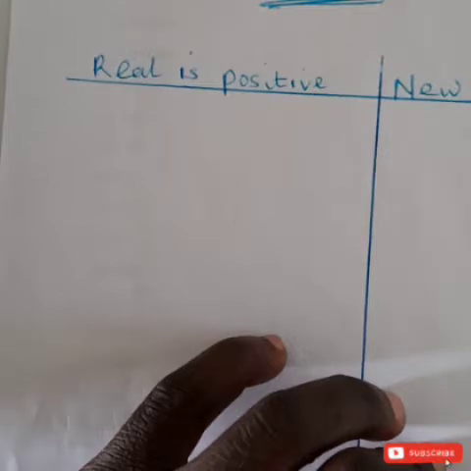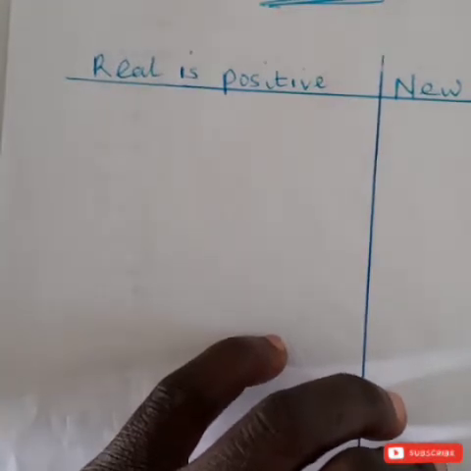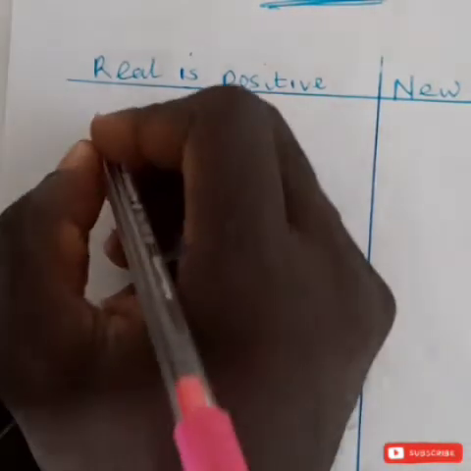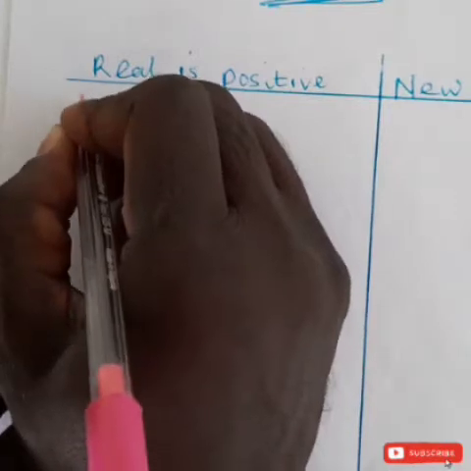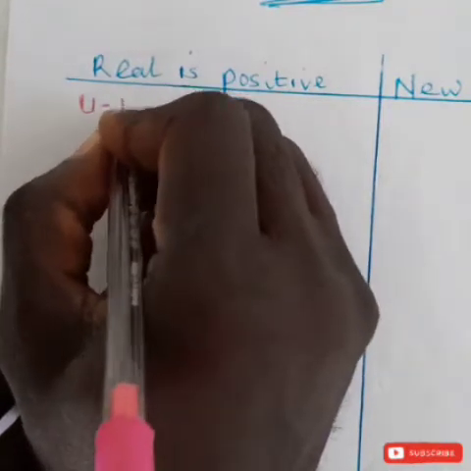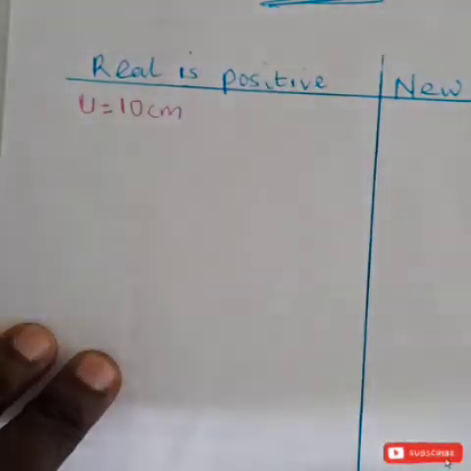Now this is what I'm going to do. I'll start with the real is positive. Real images and objects will be given positive value. So here, we have an object that is placed 10 cm in front of a concave mirror. So the object distance U is equal to 10 cm. So it's positive.